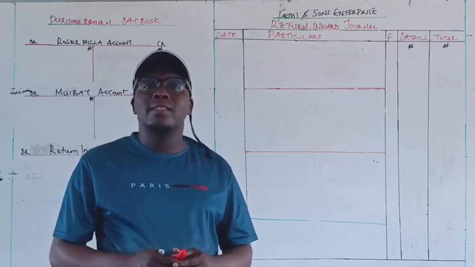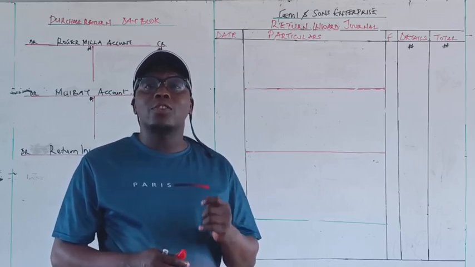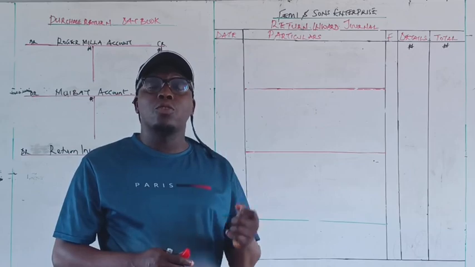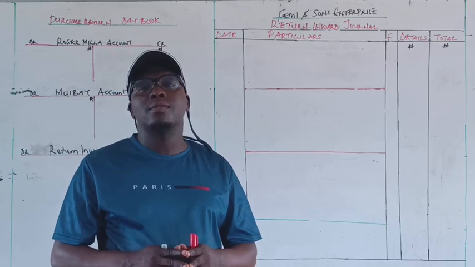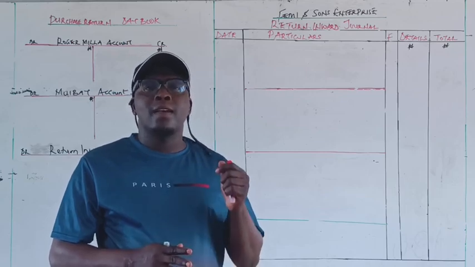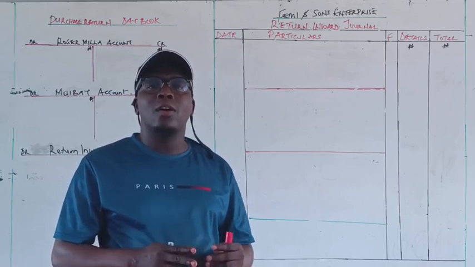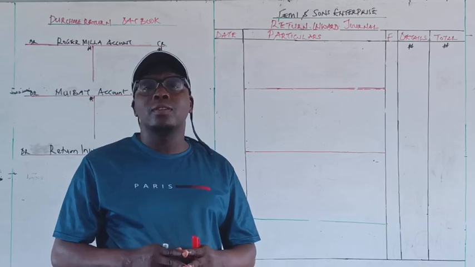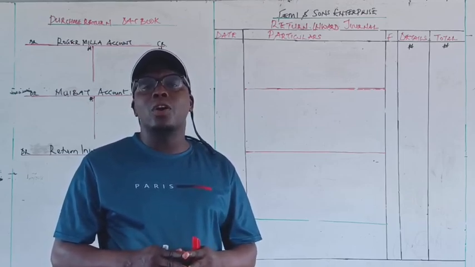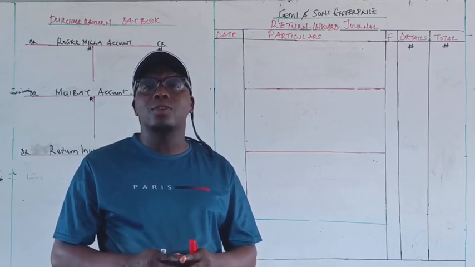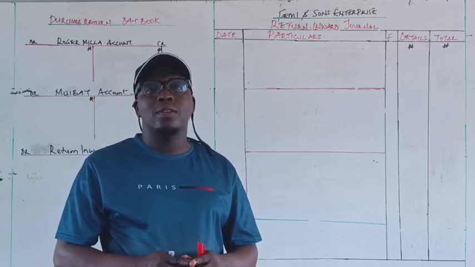In this case, the two accounts that will be involved are the customer that is returning the goods and the return inward account. The accounting procedure under the sales return account is to debit the return inward account and credit the individual customer's account.